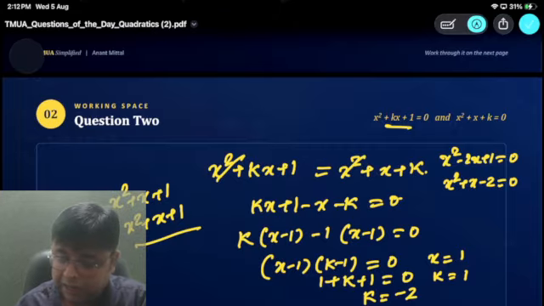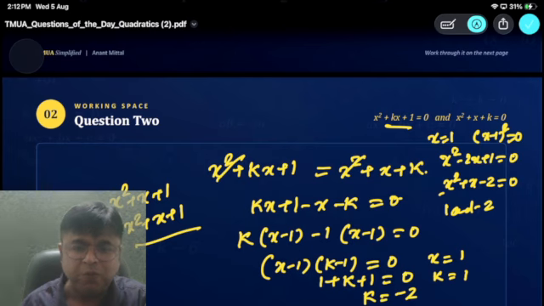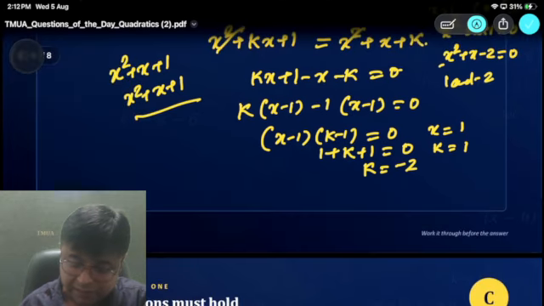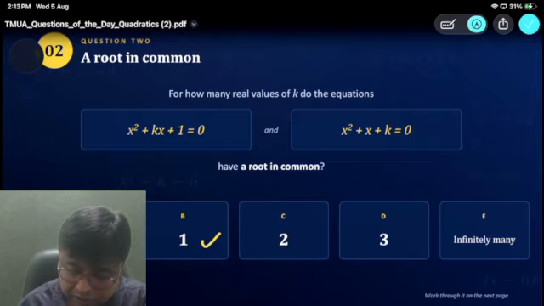For the first equation, both the roots are equal, and it is x minus 1 whole square, so x equals 1. For the second, if I factorize, the roots will be 1 and minus 2. So there is only one root in common. The question is, for how many real values of k? So only for one value of k, which is minus 2, do the equations have a common root.